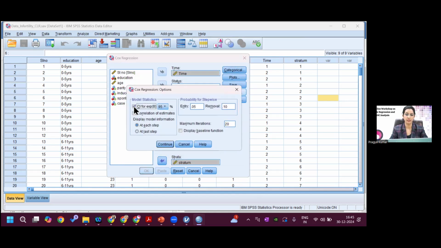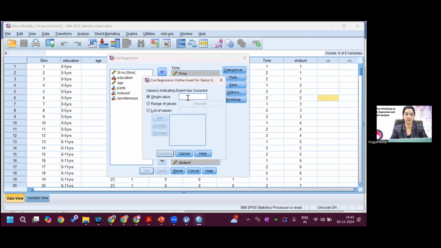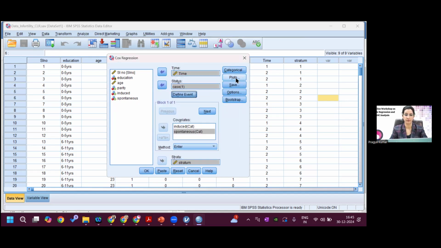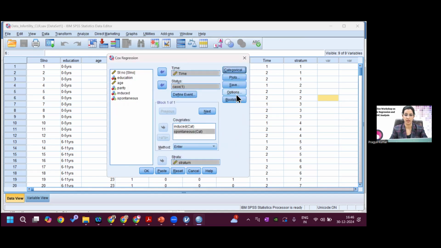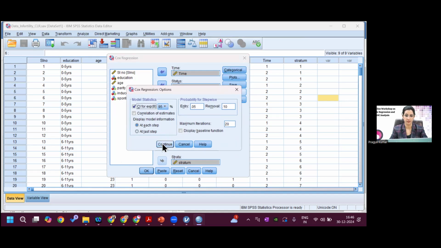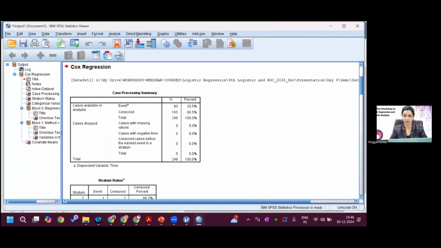I only need the confidence interval, and then I'll press continue. Status, I have not entered this. So for status, I have to enter the case variable, and in define event I have to write 1. 1 means the case has occurred. Again, I will repeat, this categorical was first, this is okay, and this option is okay. This is continue, and then we have to press OK.